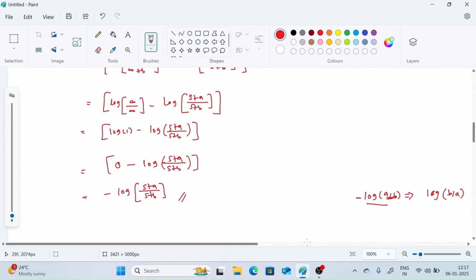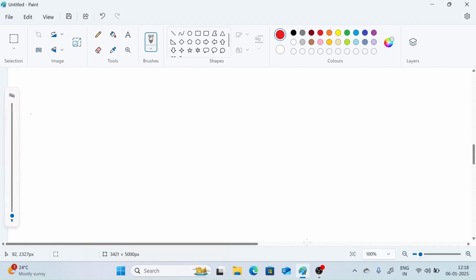So if I want to make it plus log, then log of s plus b upon s plus a. That's it. This is the answer for Laplace of e raised to minus at minus e raised to minus bt upon t. Right? Now we are going to discuss the second example.